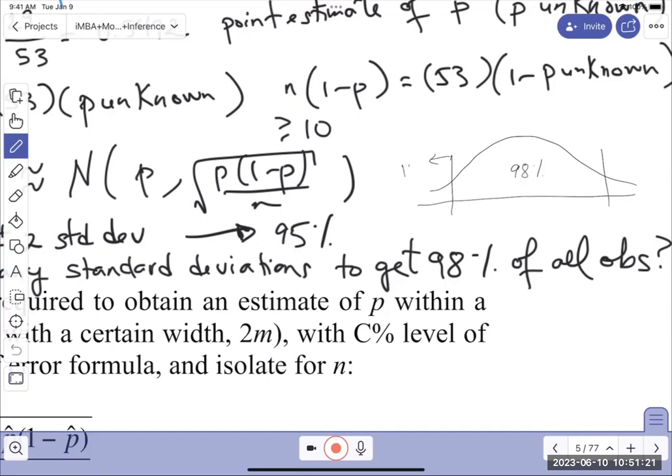So it would be 1% on this side, and 1% on the other side. In other words, this would be 0.0100. So find the Z to make 98% in the middle. So how many standard deviations would I be away to have 98% within?